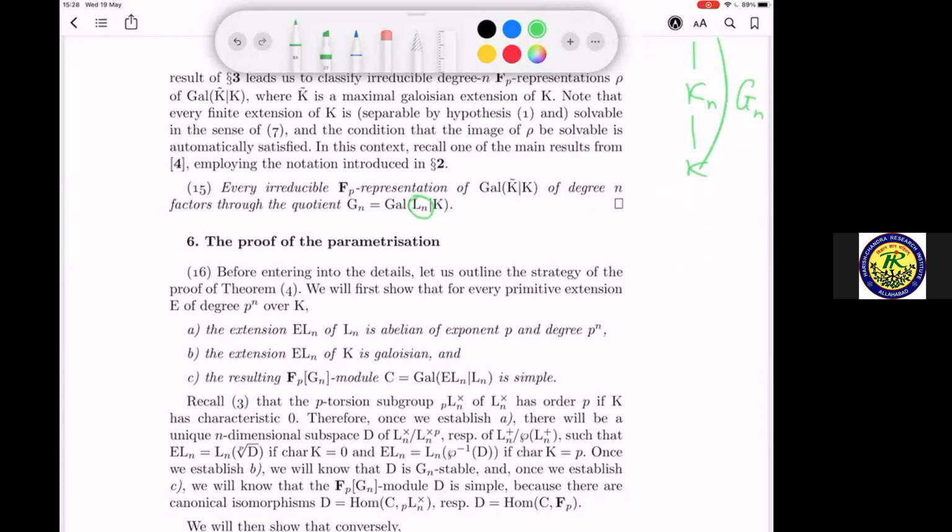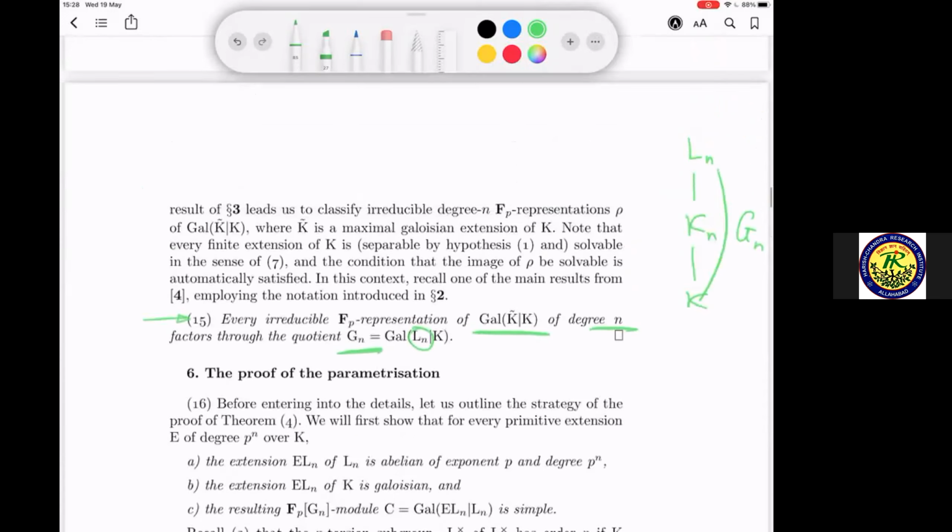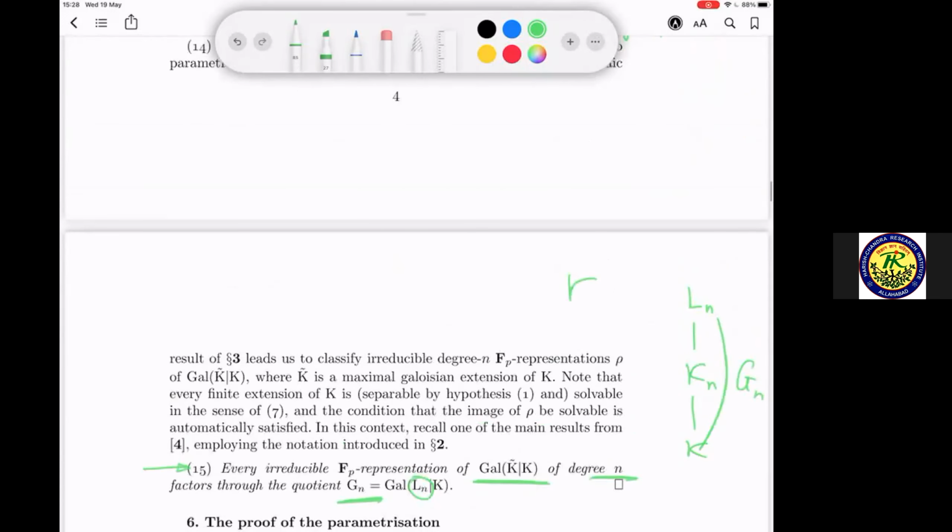One of the theorems in a previous lecture was that every irreducible FP representation of this absolute Galois group of degree n factors through this quotient Gn. So why is Gn a quotient? Of course, you have K tilde, which is the absolute Galois group. So you have a natural map from the absolute Galois group of K to Gn, right?